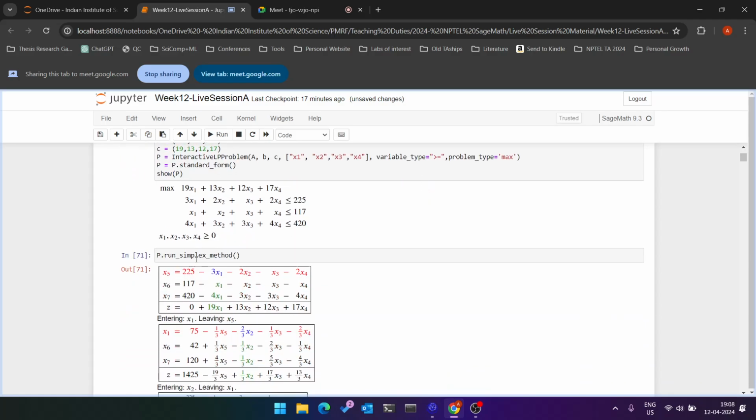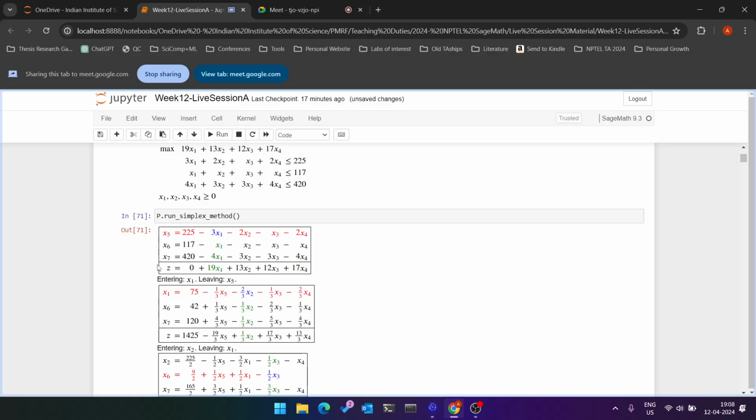Then we move the variables around to have the slack variables on the left hand side, and write down our objective function and see along which direction we'll quickly reach our optimal solution. That is determined by the highest positive coefficient of the objective function, which is x1 in this case.